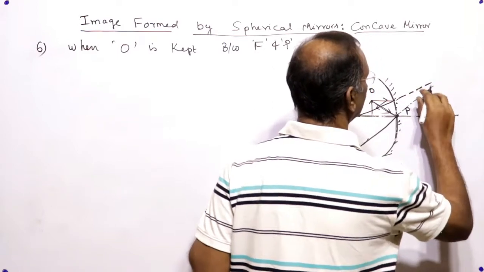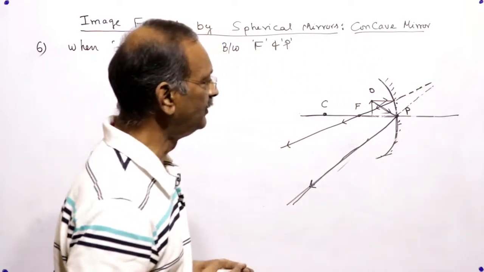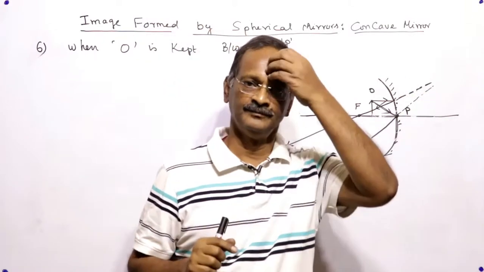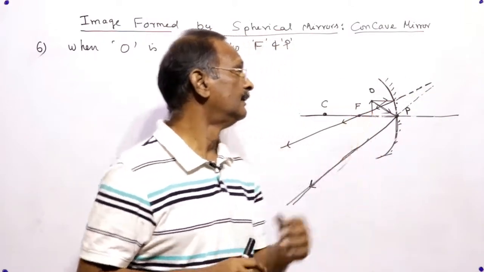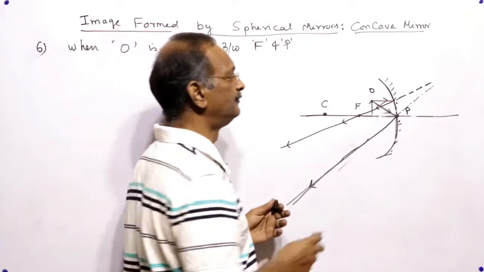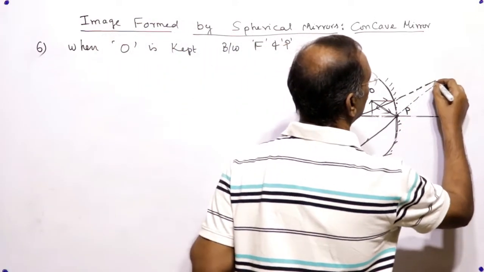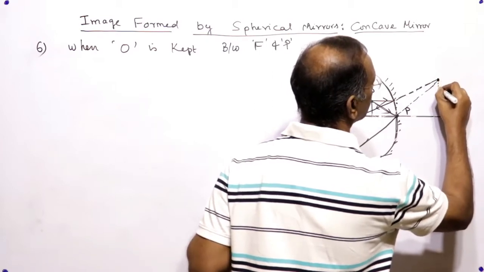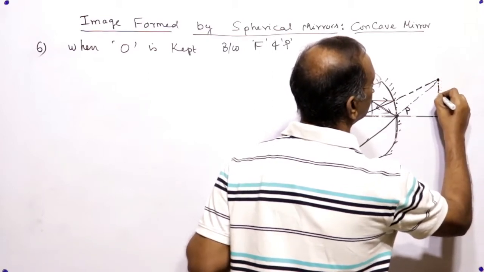We draw them as dotted lines, because we are only producing them backward and there is no actual ray. A ray is always drawn with a thick line and a produced ray with a dotted line. Both will meet at this point, and the image is formed like this.